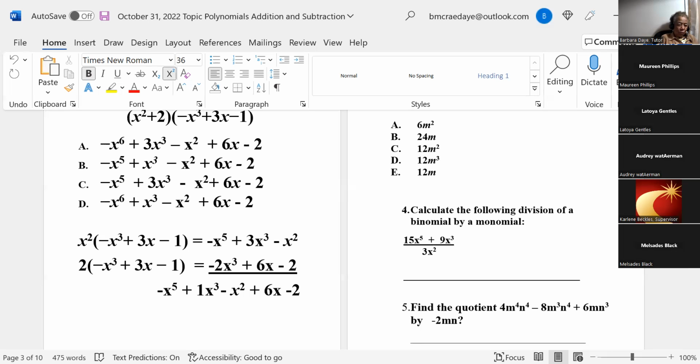C. Okay, minus x to the 5th. Let me see. That's a 3x to the 3rd. This is a 1. Look at that again. B. That's right. Answer B, because that's minus x to the 5th, plus 1x to the 3rd, minus x squared plus 6x minus 2. So your answer is B.